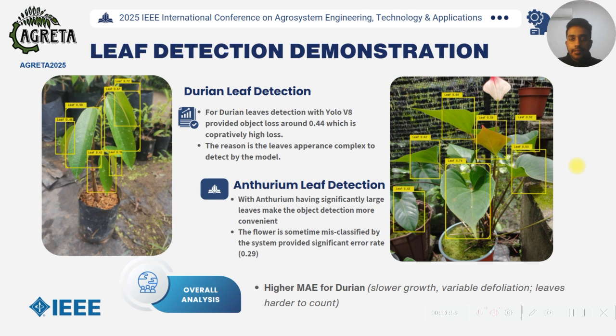You can see a demonstration of the leaf detection from the YOLO model that we built. For durian, this is the confidence for each leaf detected by our system. The MAE is higher for durian because of the complexity of the plant and its leaves and how they grow on the plant itself.